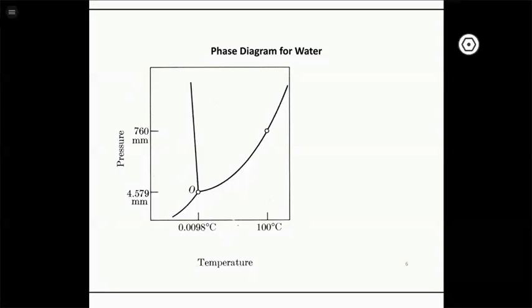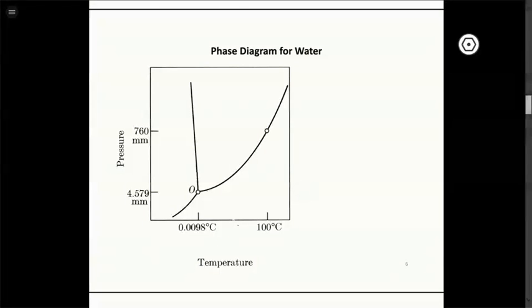So the regions are always going to be, in the sort of left side you have the solid. So if you're under any of these conditions of temperature and pressure, you're going to exist as solid water, which we call ice. The middle part is the liquid phase. And then over here, high temperature, low pressure is gas. Now hopefully these regions make a little bit of sense to us.